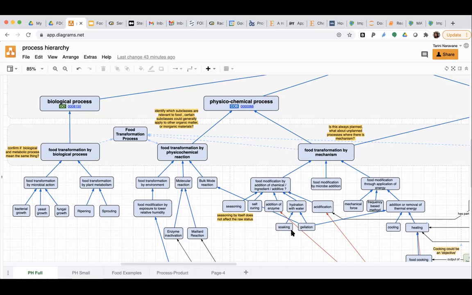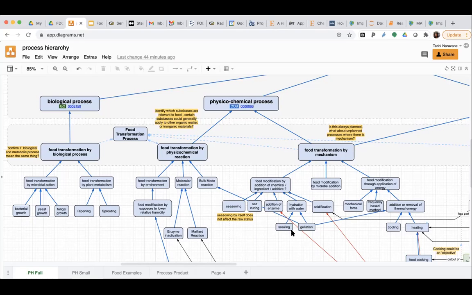Metabolic processes, are all metabolic processes biological, and are they the same thing? And are we not capturing some stuff that we need to capture at this second tier?